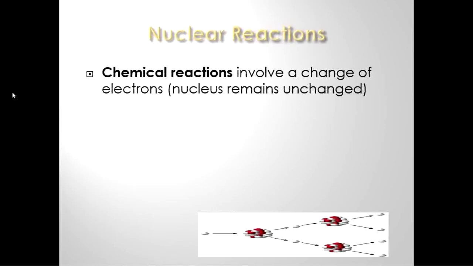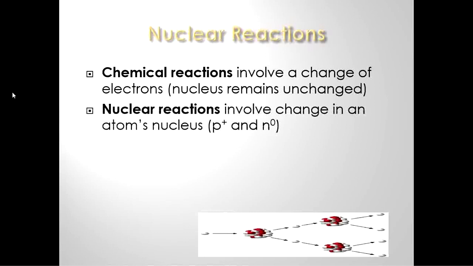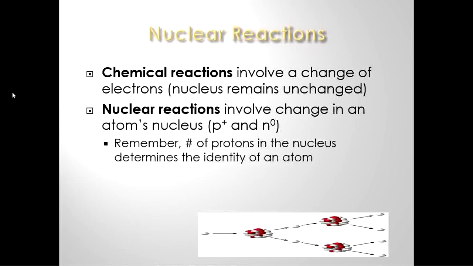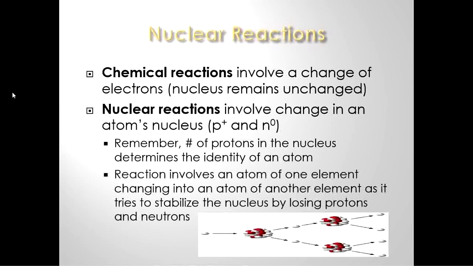So chemical reactions, which will be the focus for the rest of the year, involve a change of electrons, meaning the nucleus does not change. But here today, we are focusing on nuclear reactions, which involve a change in the nucleus, which means our protons and neutrons change. Remember that the number of protons in the nucleus determines the identity of an atom.